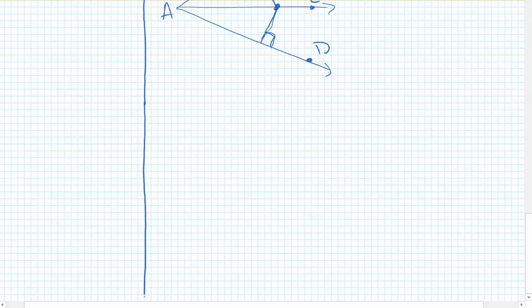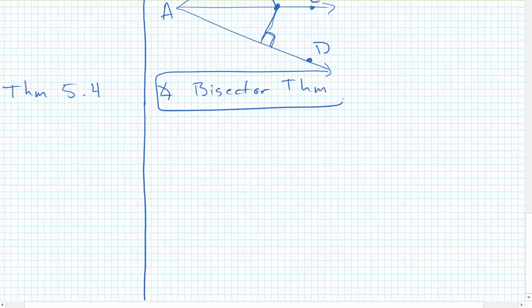Theorems 5.4 and 5.5. Theorem 5.4 is the angle bisector theorem. This is going to be really easy.